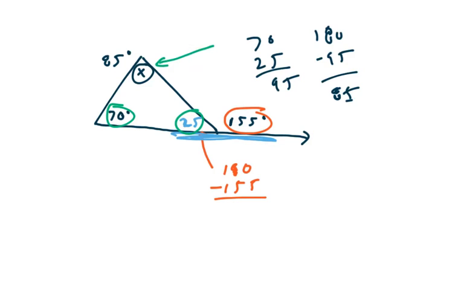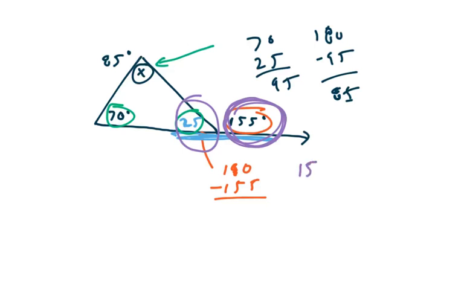Now, what the exterior angle theorem says is that instead of taking this intermediate step, the exterior angle, follow the purple here, guys, that 155 equals the sum of the two angles that are opposite of it inside the triangle. So I can set it up as a much simpler algebra problem.